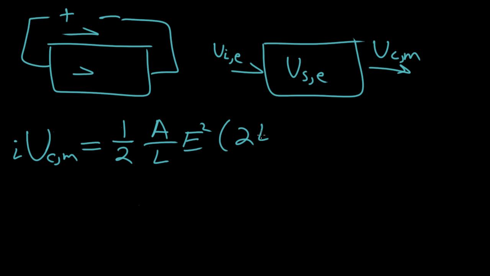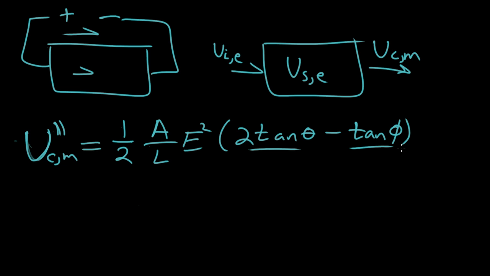I forgot this 2 last time. Instead of calling that single prime, we could just call it double prime, and that would make things a lot easier for us. Tangent phi. So we have the piezoelectric loss and the mechanical loss.